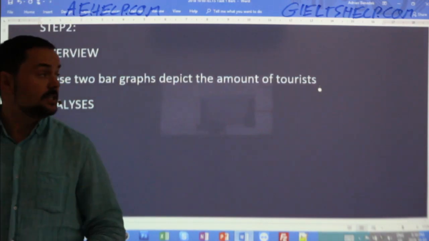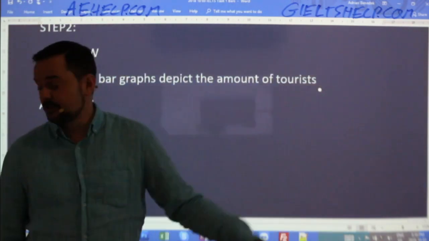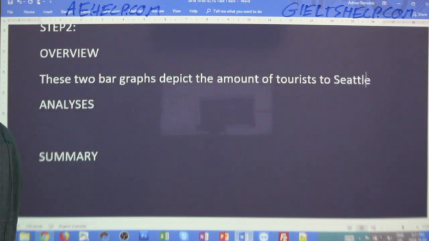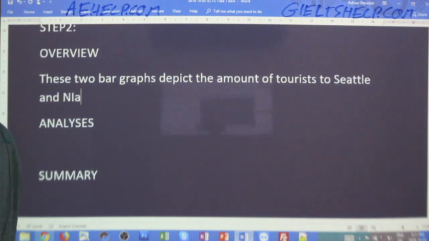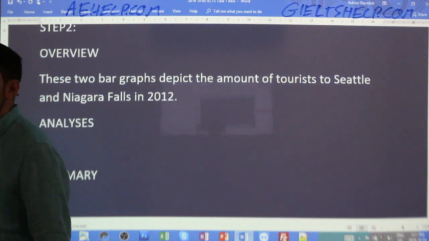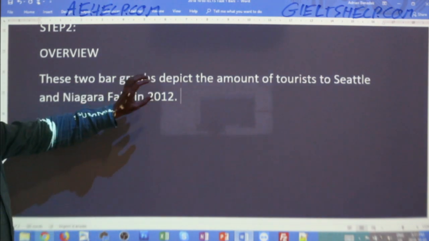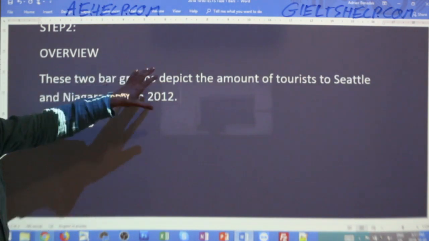So these two bar graphs depict the amount of tourists to, it's my touchpad, to Seattle and Niagara Falls in 2012. All right? So that's the kind of sentence that's going to put you on path to a high IELTS band score.